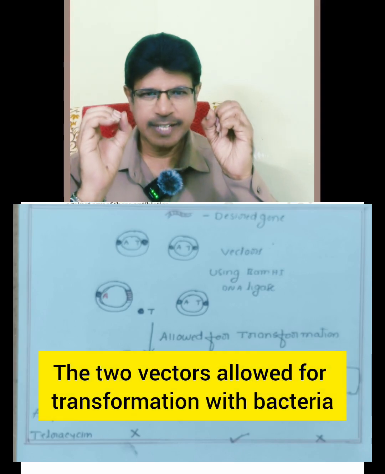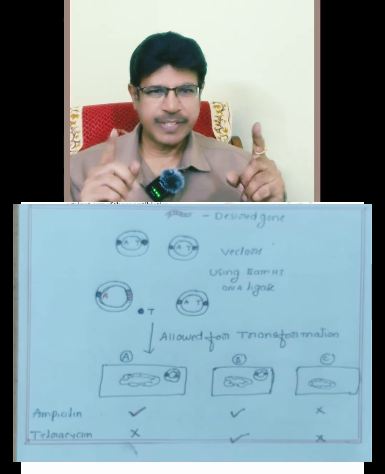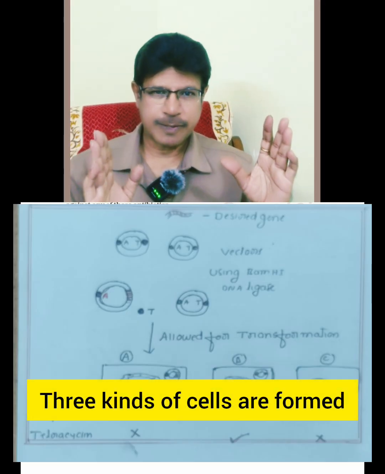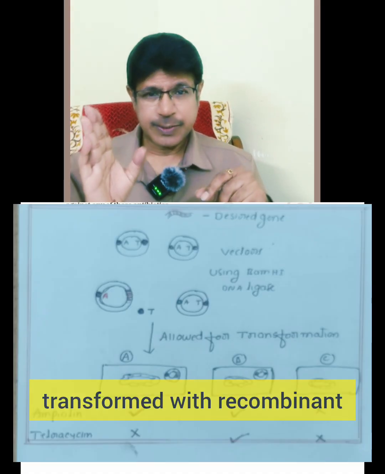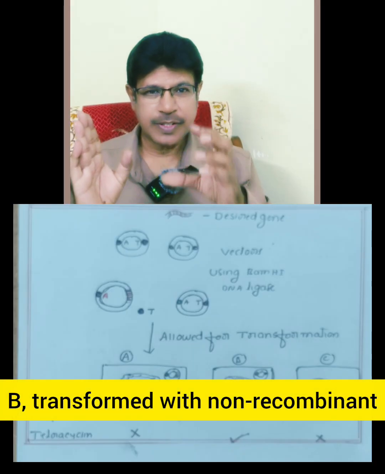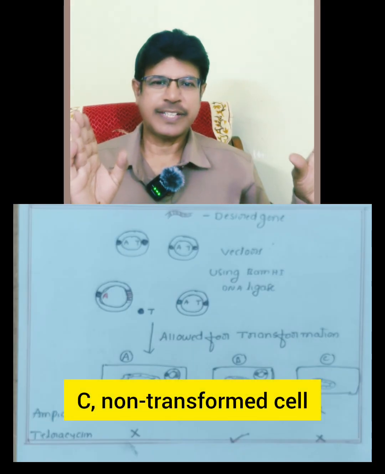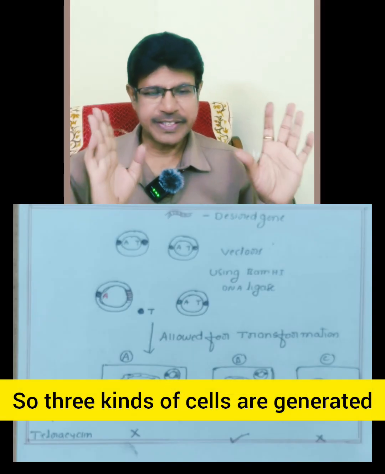The two vectors are allowed for transformation with bacteria. Three kinds of cells are formed, A, B, C, suppose. A transformed with recombinant, B transformed with non-recombinant, C non-transformed cell. So three kinds of cells are generated.